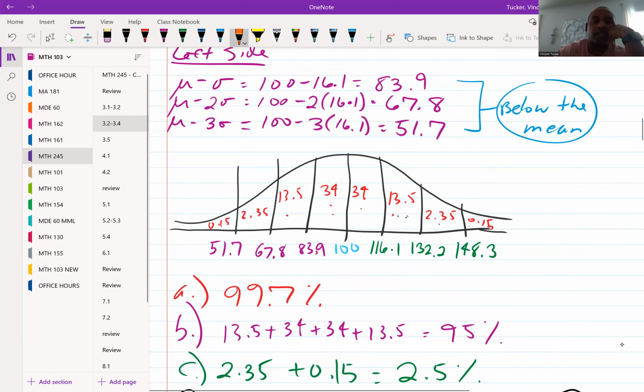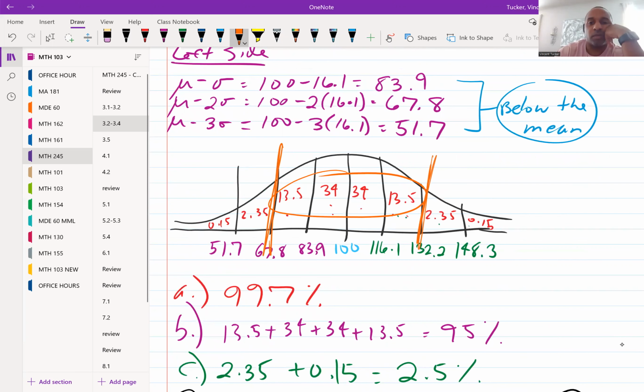So we see we have 67.8 right here, 132.2. So you just take these values and add them together. And that's 95%. All right. Questions on B before we go to C?